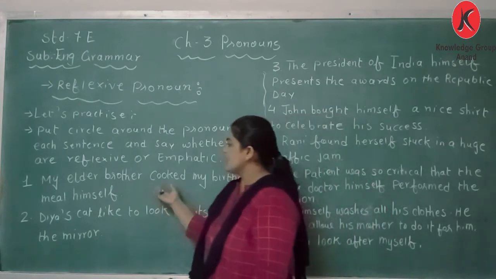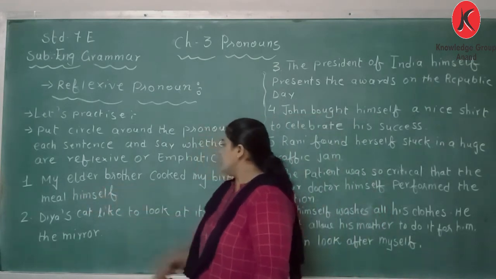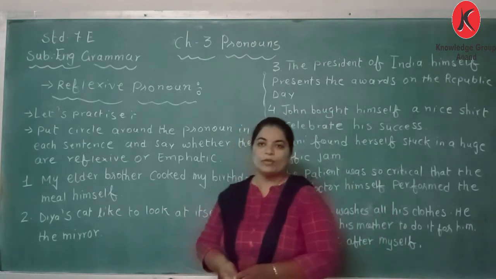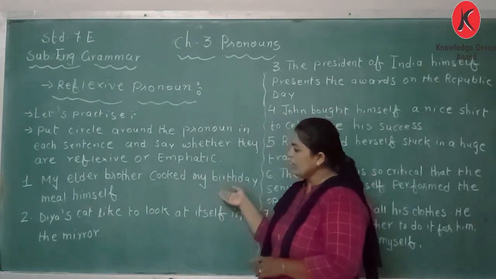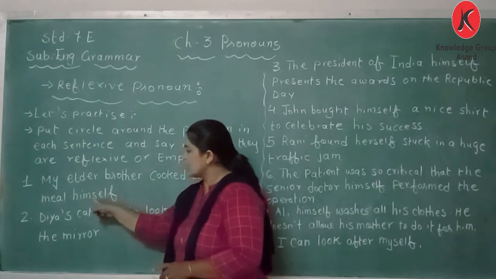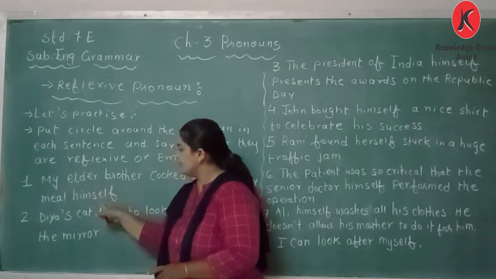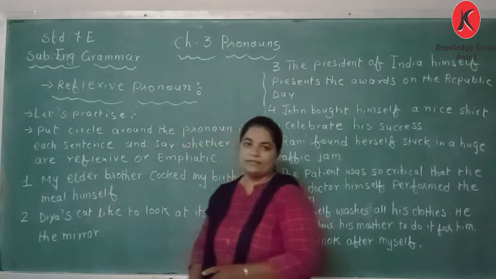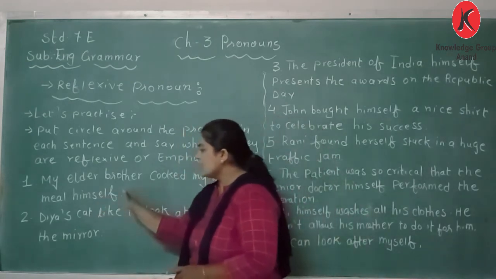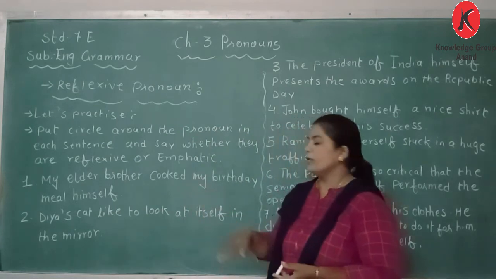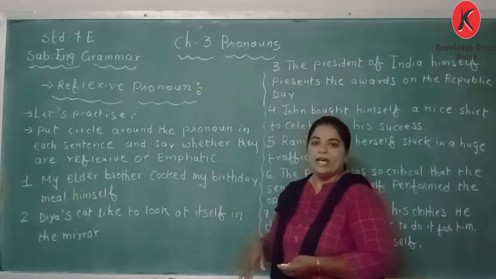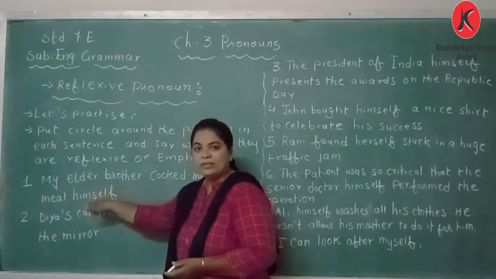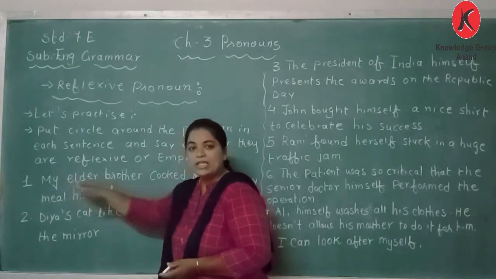The first sentence here: My elder brother cooked my birthday meal himself. Here the subject is my elder brother, and the pronoun is himself. So this is an emphatic pronoun. The emphatic pronoun emphasizes the subject.